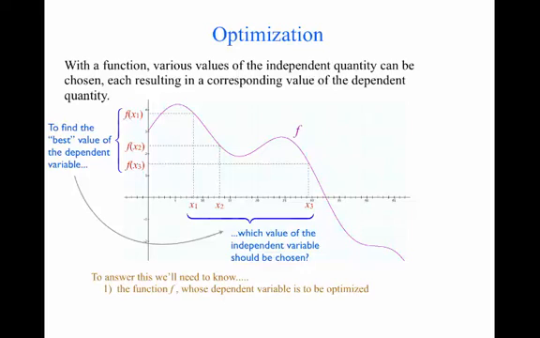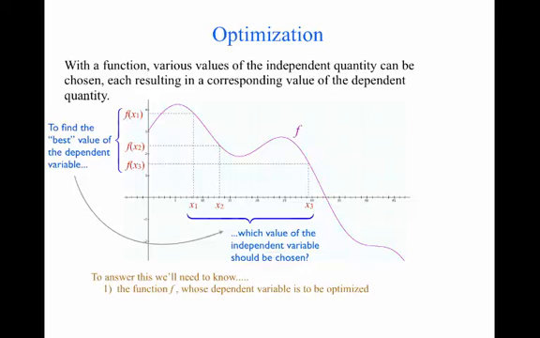When we come to these word problems, this is going to be the centerpiece of the whole problem: figuring out what the function f is, and then using it to figure out the max value. So f has got to be your focus when you come to an optimization problem. I've got to get that function whose dependent variable is the thing they're asking me to find the max or min of.